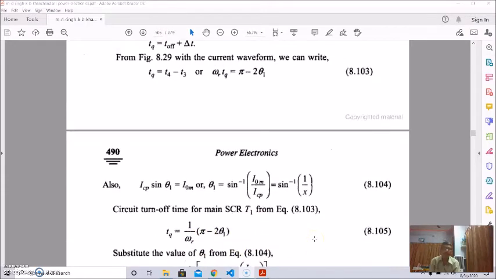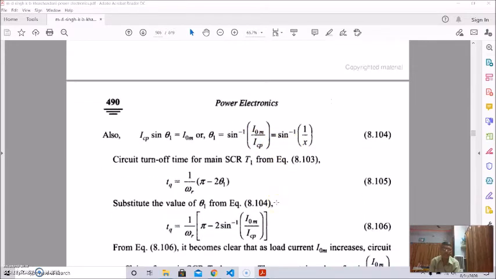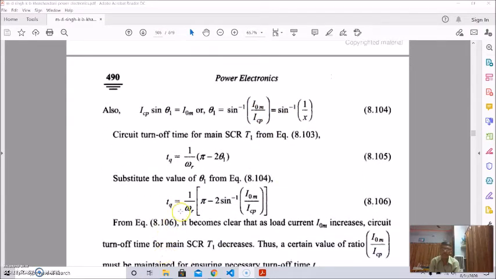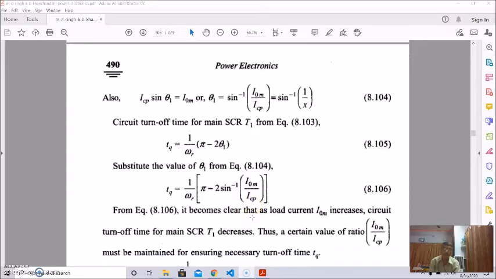Substituting this value of theta 1 into this equation, we get the circuit turn-off time TQ equal to 1 by omega r into pi minus 2 sine inverse IOM by ICP. From this equation it is clear that as the load current IOM increases, the circuit turn-off time for the main SCR T1 decreases.